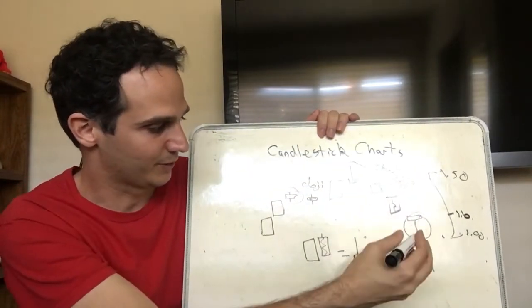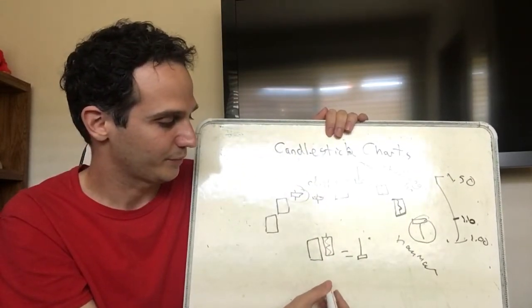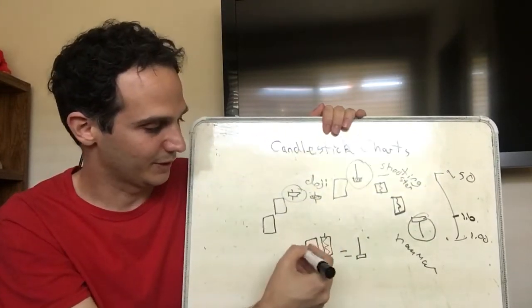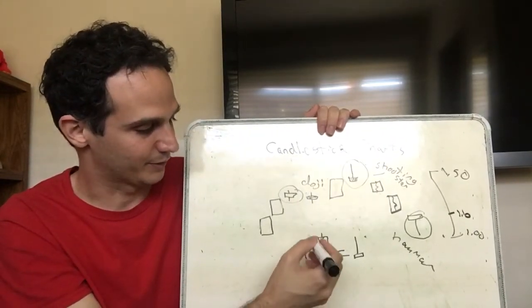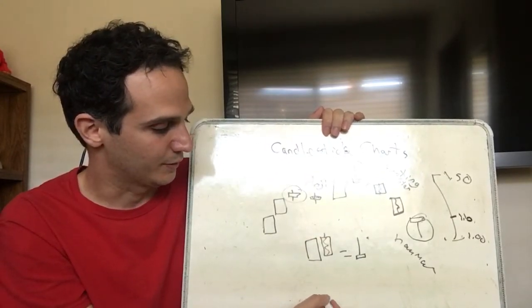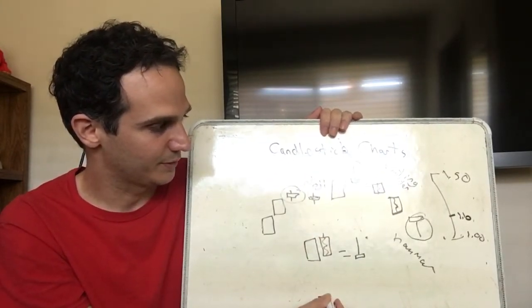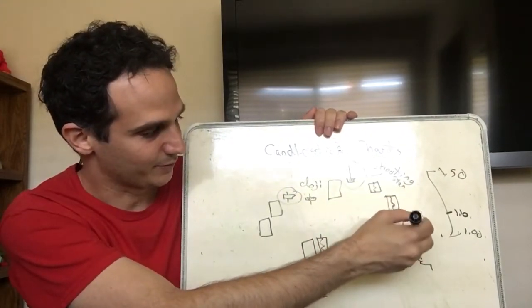So the same is true in the opposite direction. You can have, and then again here, it doesn't matter so much the order if it's a red or green candle. So here sometimes, or the opposite is true here for a hammer.